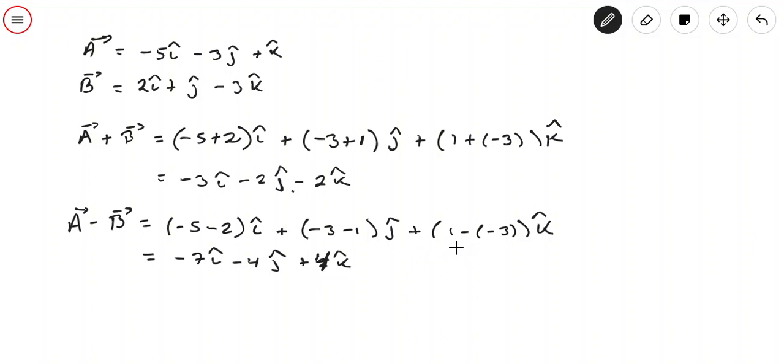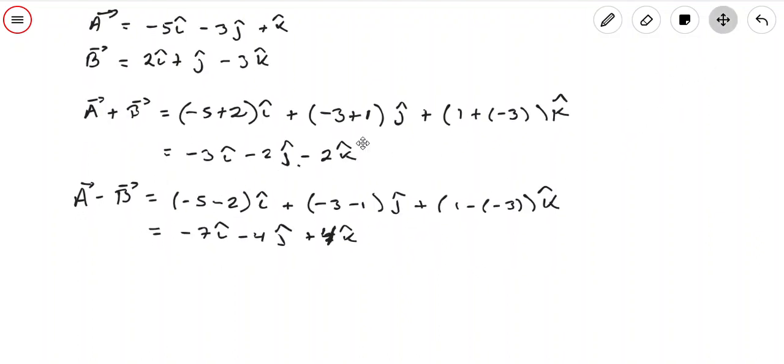And for example, suppose they ask you to find 2a minus 3b. When you multiply a scalar times a vector, you multiply every component of the vector times that scalar. So if I have 2a minus 3b, I'm basically multiplying vector a times 2 and vector b times 3, and I will multiply and find the difference at the same time.